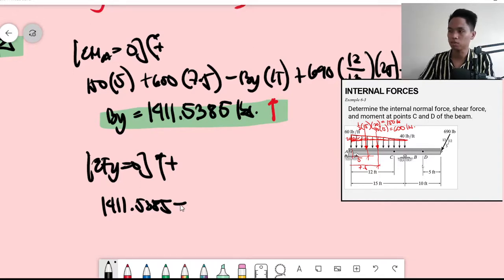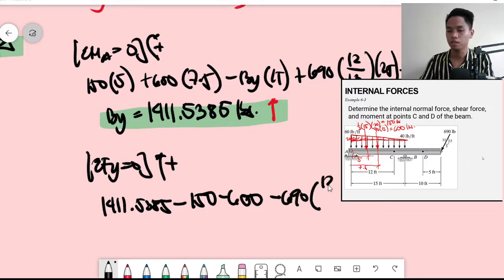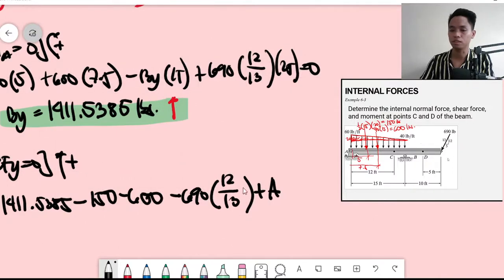Minus 150, then minus 600, and then minus 690 multiplied by 12 over 13, then plus the reaction at A. That is equal to 0.